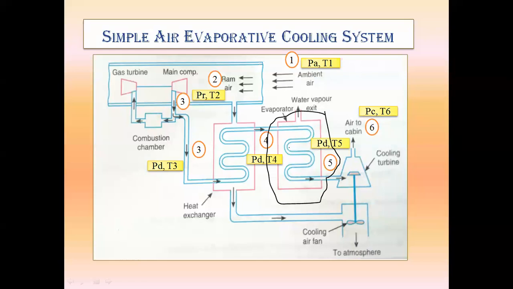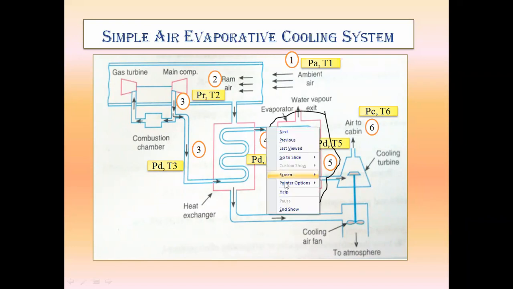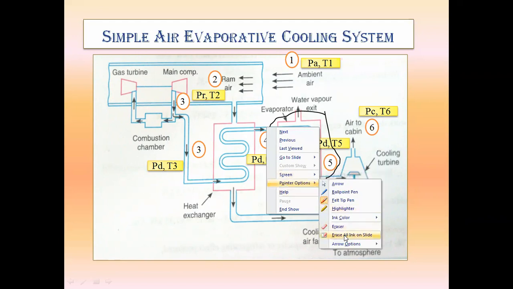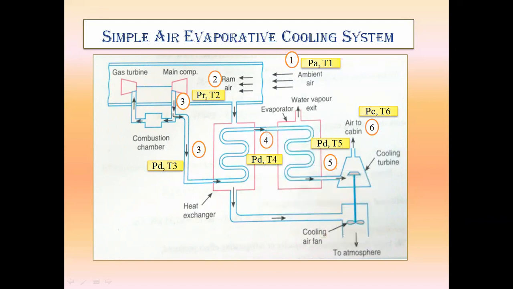Inside this evaporator, we keep either water, alcohol, or ammonia, which have a lower boiling point temperature. Because of this evaporator, further cooling of the compressed air will take place. So the explanation of this simple air evaporative cooling system will be similar to that of the simple air cooling system.